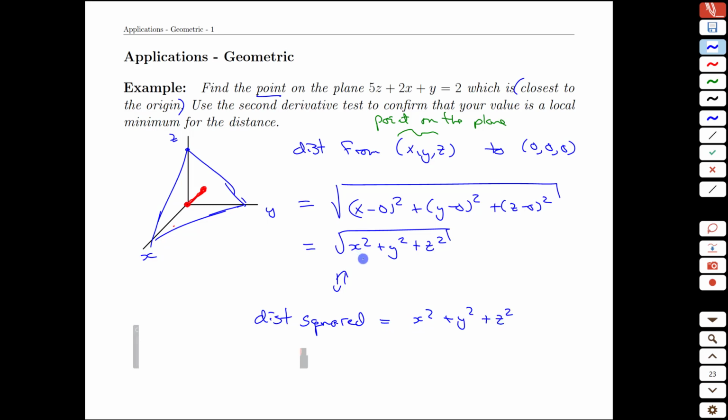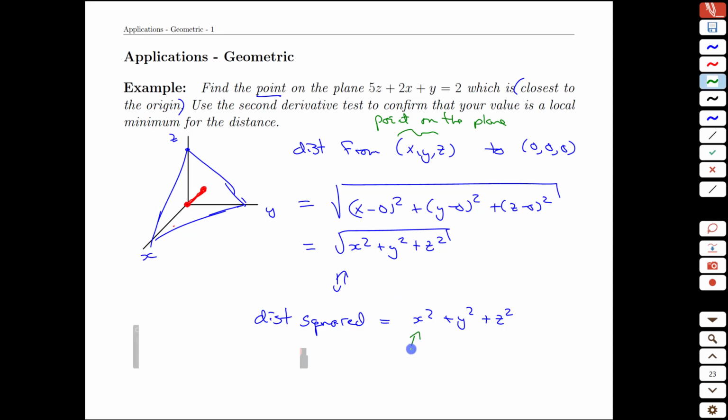We saw this in earlier videos in single variable optimization. If we're trying to optimize the minimum distance, and say the distance was 4, then if we optimize or try to minimize the distance squared, we're going to find exactly the same location. The smallest distance is also going to correspond to the smallest squared distance, and the perk is we don't have this nasty square root to deal with as we're doing our derivative calculations.